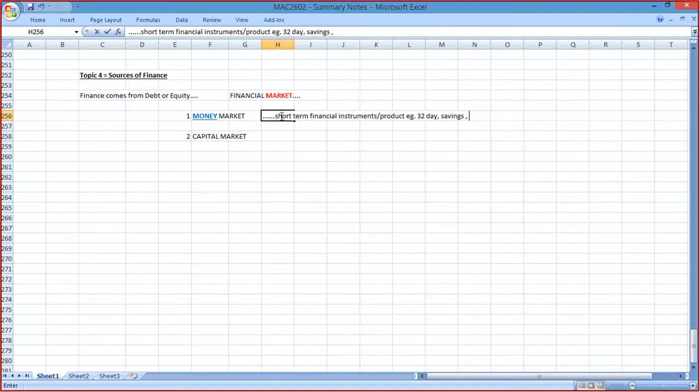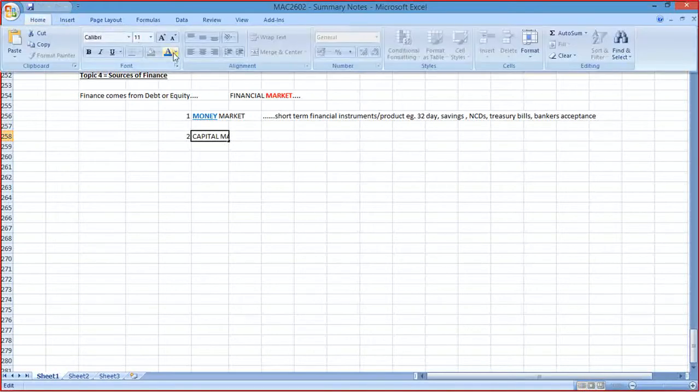Negotiable certificates of deposit, NCDs, treasury bills, short-term government bonds, bankers' acceptances. It's literally short-term products.